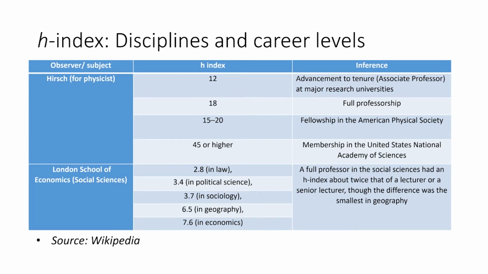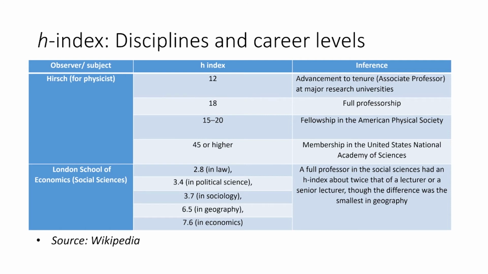It was 2.8 in law, 3.4 in political sciences, 3.7 in sociology, 6.5 in geography, and 7.6 in economics. It was also evident that a full professor in the social sciences had an H index about twice that of a lecturer or a senior lecturer, though the difference was the smallest in geography.